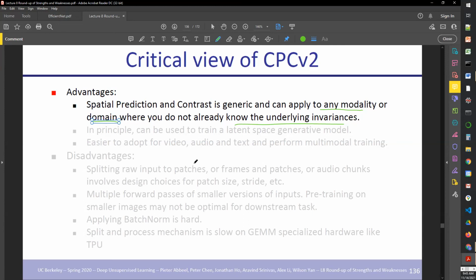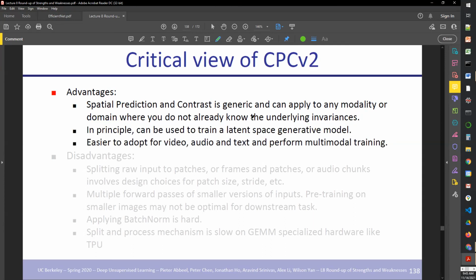So in principle, it can be used to train latent space generative models, and this framework is easy to adopt for all these different modalities.